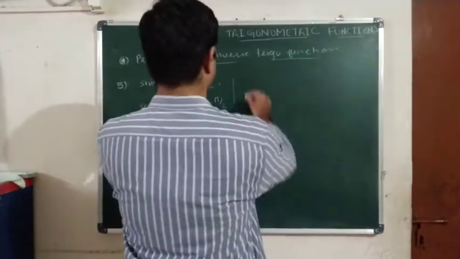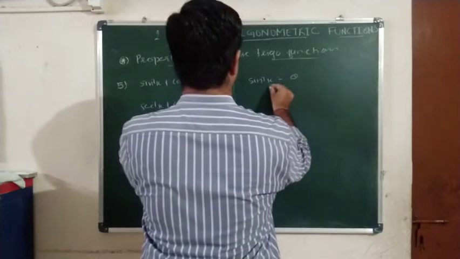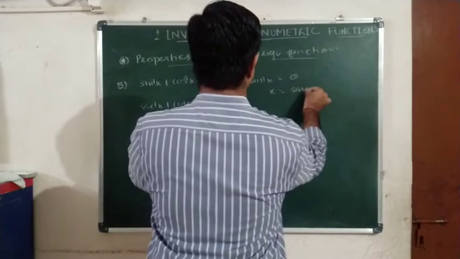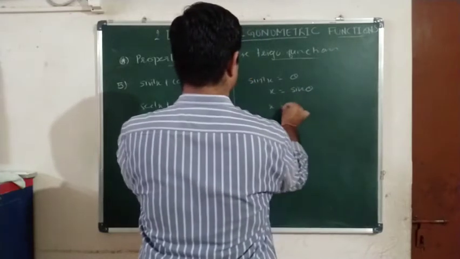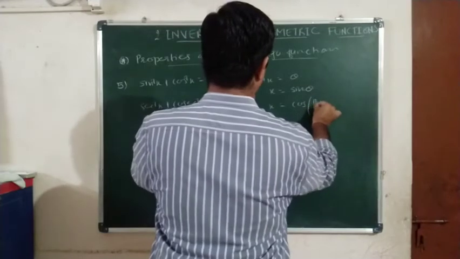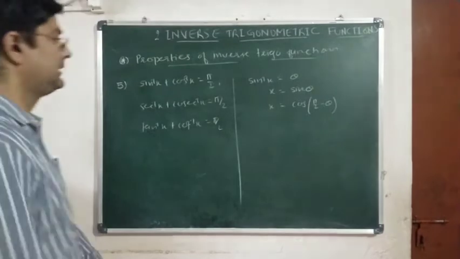Now, sin inverse x is equal to theta, then x is equal to sin theta, therefore x is equal to sin theta can be written as cos of pi by 2 minus theta.